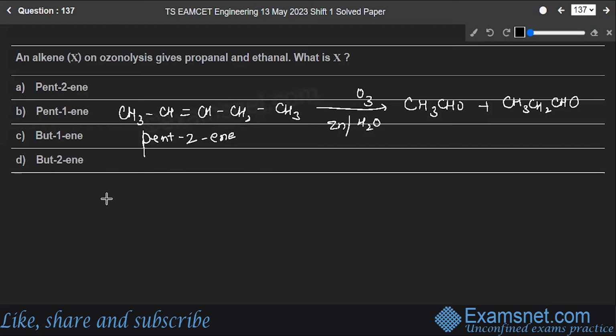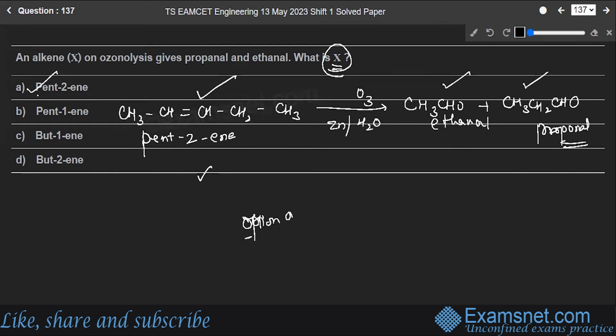So these are the two products. Pent-2-ene on ozonolysis gives you ethanal and propanal as products. See, you are having 2 carbons over here, 3 carbons over here. So X definitely is going to have 5 carbons, which makes it 2-pentene. That is option A. Hope you understood.